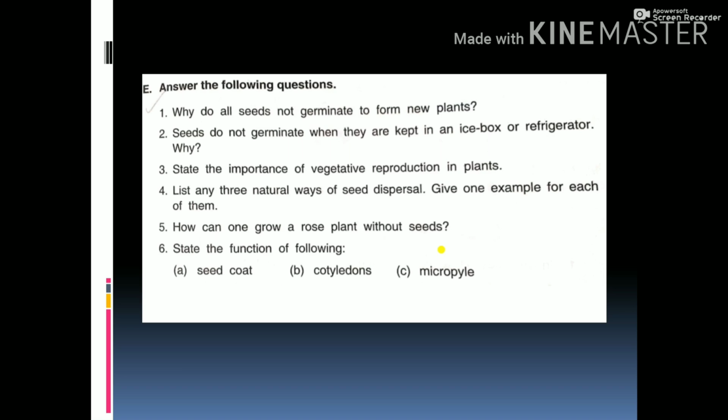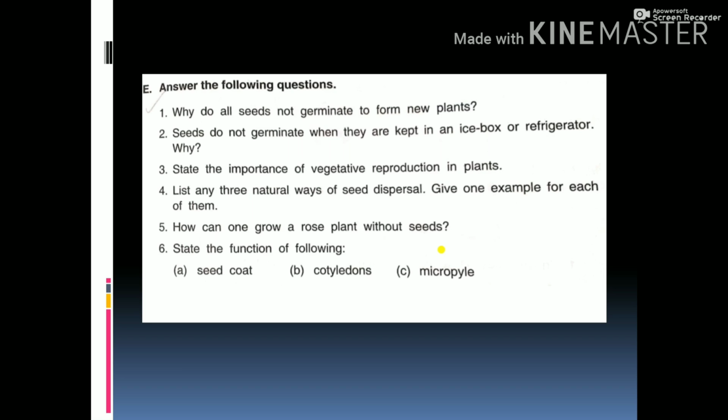Cotyledons: cotyledons are also known as seed leaves, which store food for the baby plant. And micropyle: a minute hole present in the seed, which you can easily see at your home, through which water enters and germination starts.